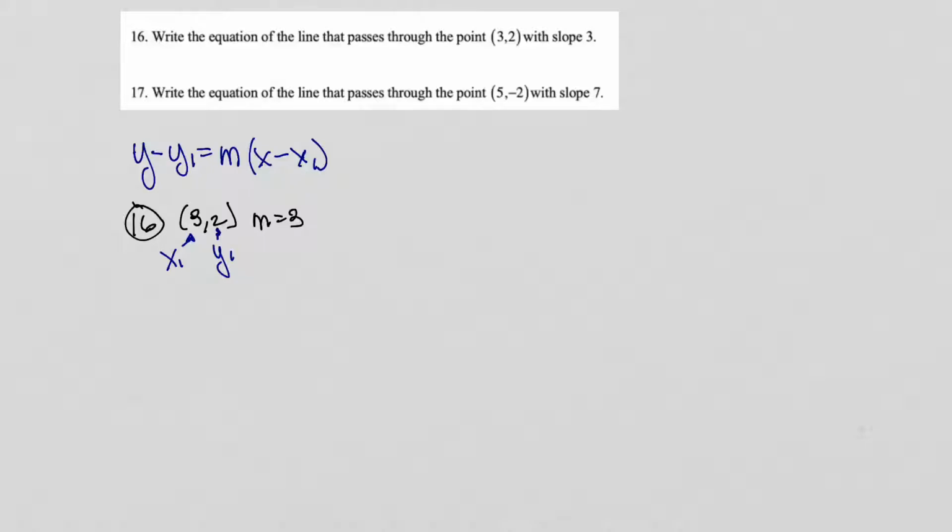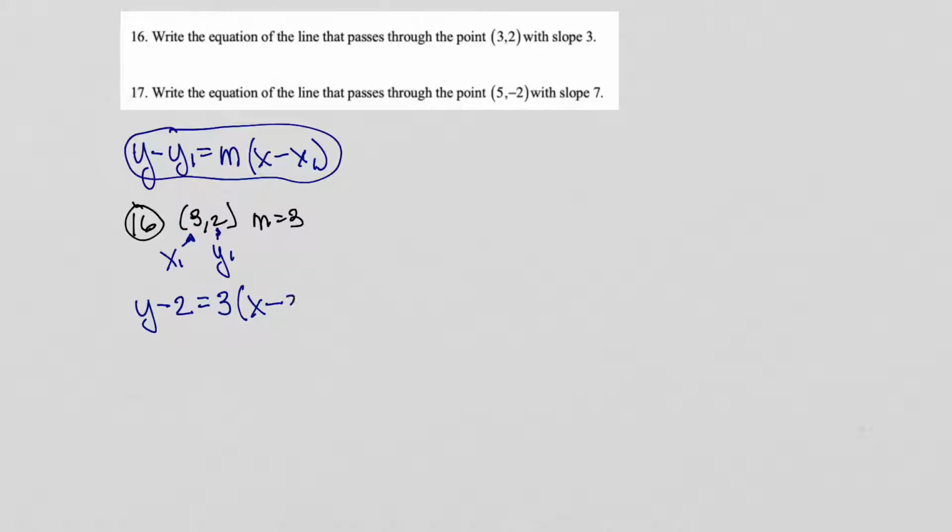So let's substitute these values into this template right here. I'm going to circle this template. I'll write y minus y1, and y1 is 2, equals m, but m is 3 in this case, times the quantity x minus x1. And x1, that's that 3 right there.